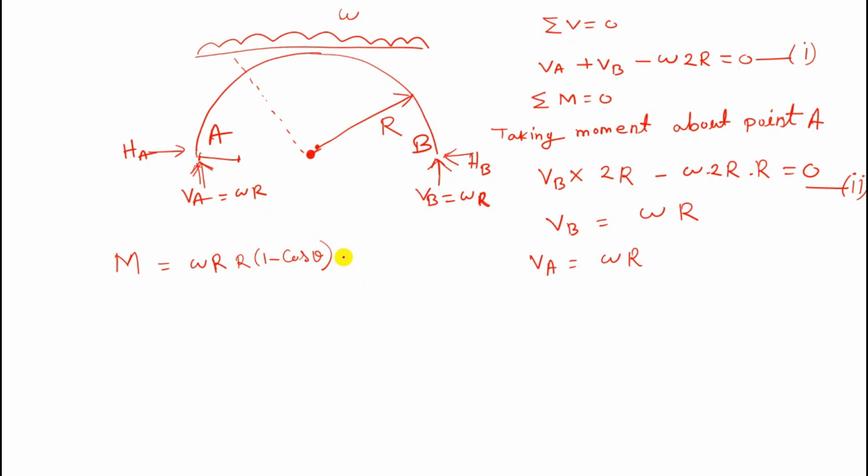And moment due to UDL, that is W into R into 1 minus cos theta whole square by 2.